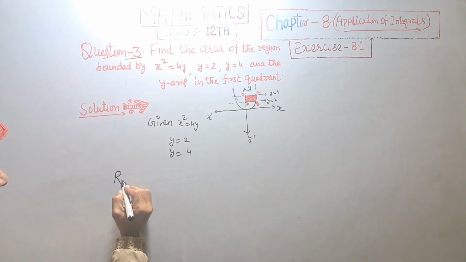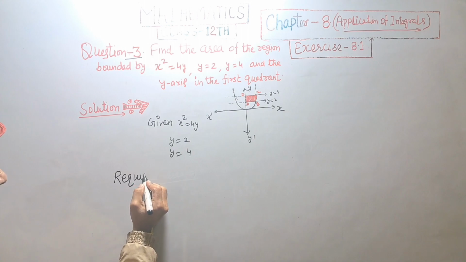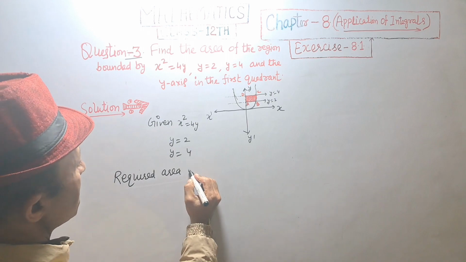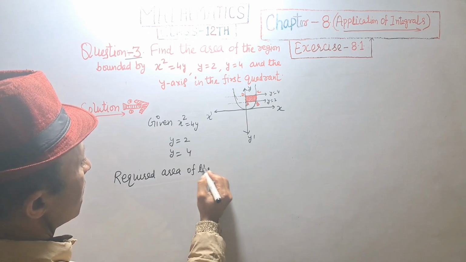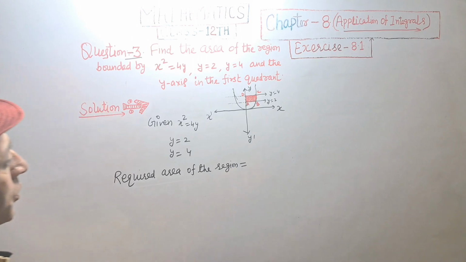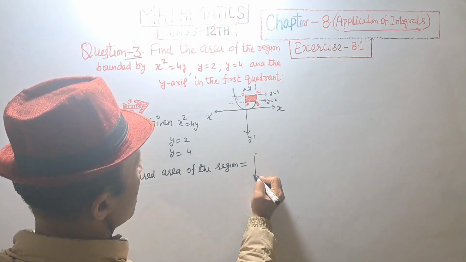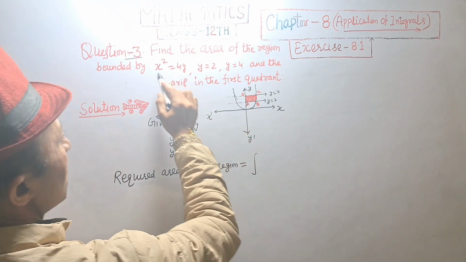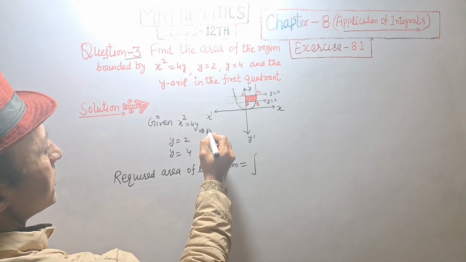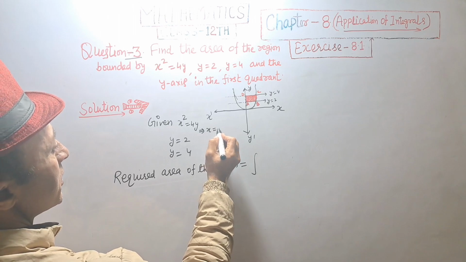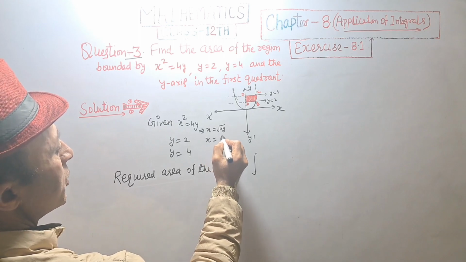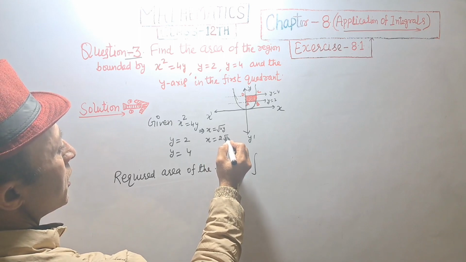Required area of the region is equal to integration of x square equal to 4y. This implies x is equal to under root 4y and x is equal to 2 root y.